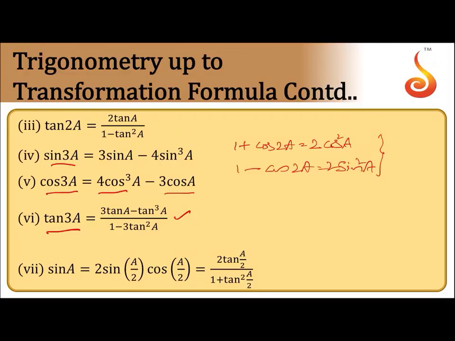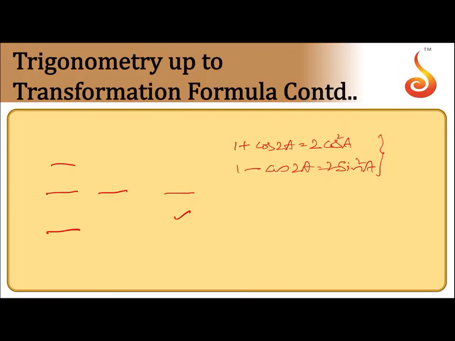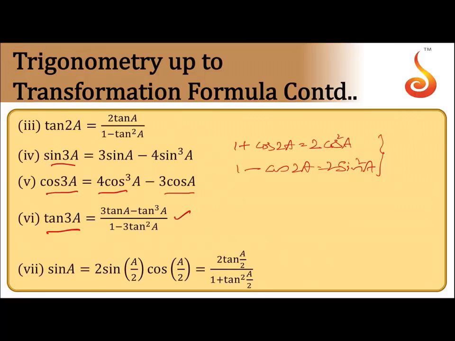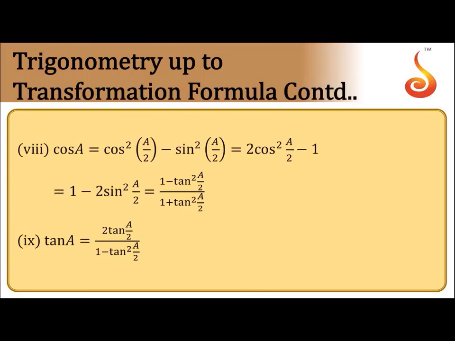These are very much useful formulae in working out certain sums. The same formulae, sin 2A, cos 2A, tan 2A, sin 3A, cos 3A, tan 3A, can be written as half angle formulae. In terms of half angles, sin A equals 2 sin(A/2) cos(A/2), which is equal to 2 tan(A/2)/(1 + tan²(A/2)).